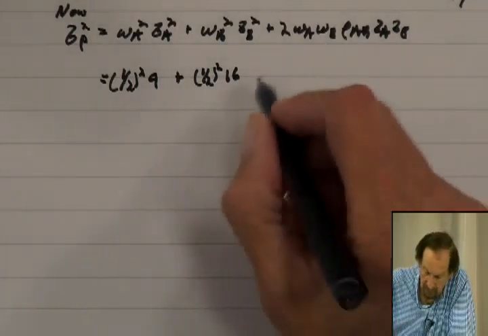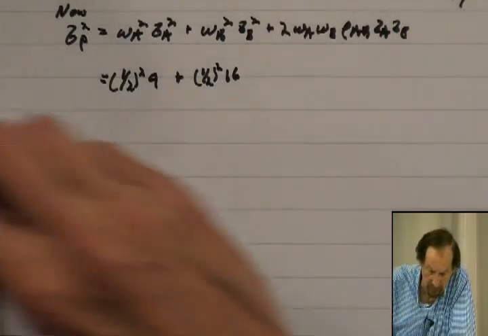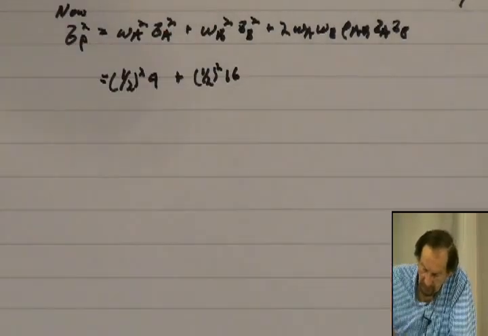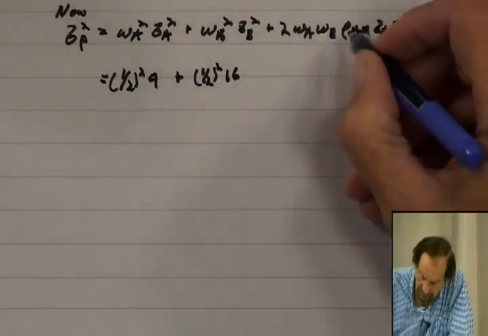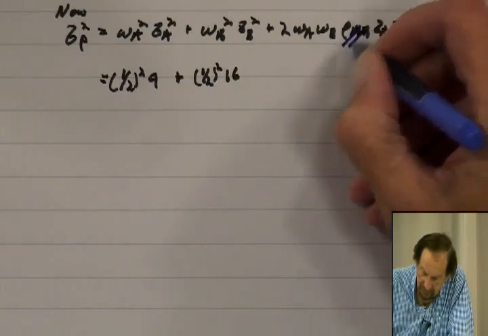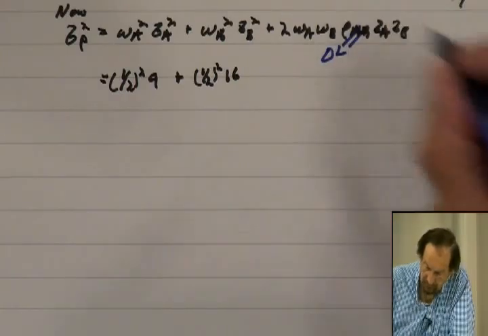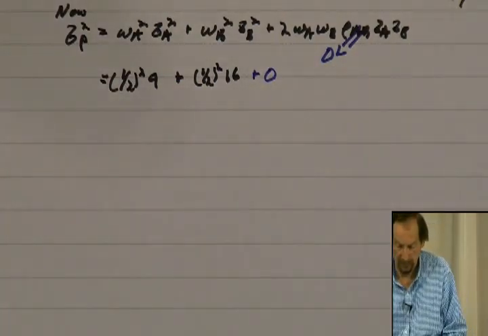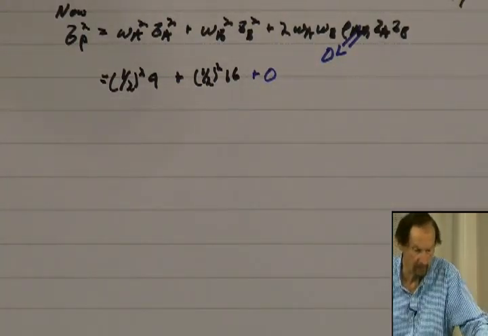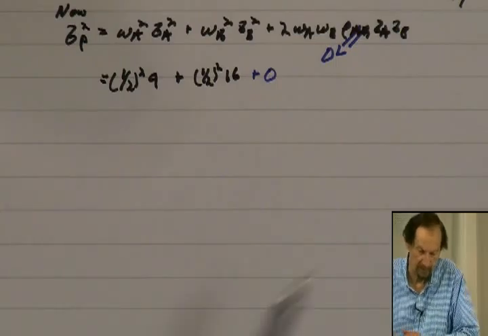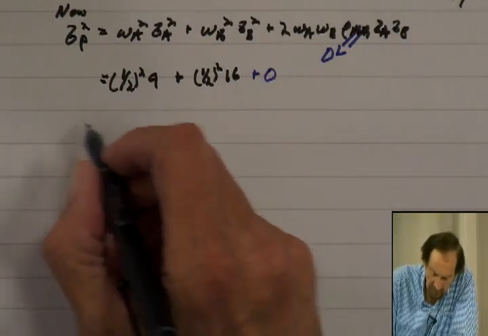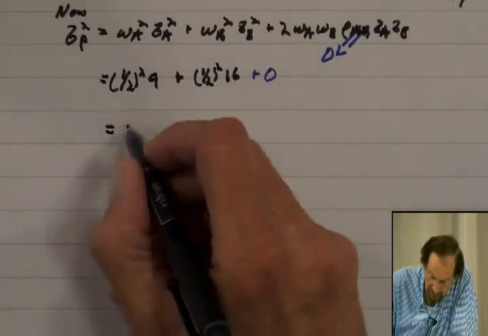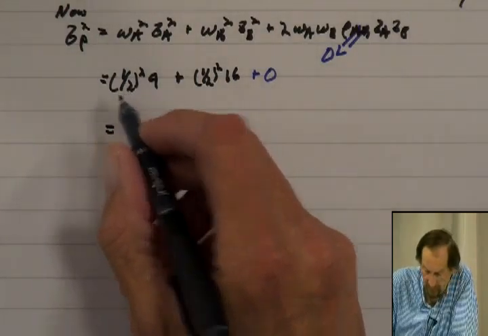Now we have this whole term, but what happens here? We said that sigma AB goes to 0. So we have plus 0 here, and our combined term goes to 0. So what do we have? 1/2 squared is just 1/4.